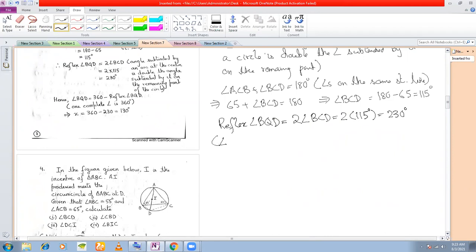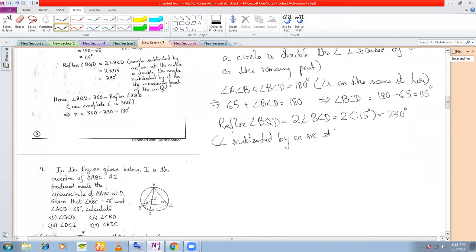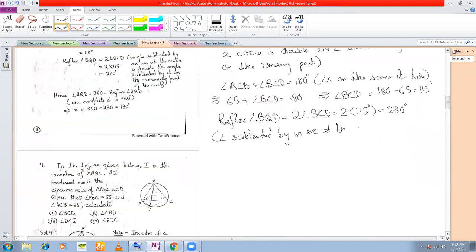Reason is angle subtended by an arc. In this case, which arc are we talking about? We are talking about the major arc BD, right? By an arc at the center of a circle is double the angle subtended by it on the remaining part.